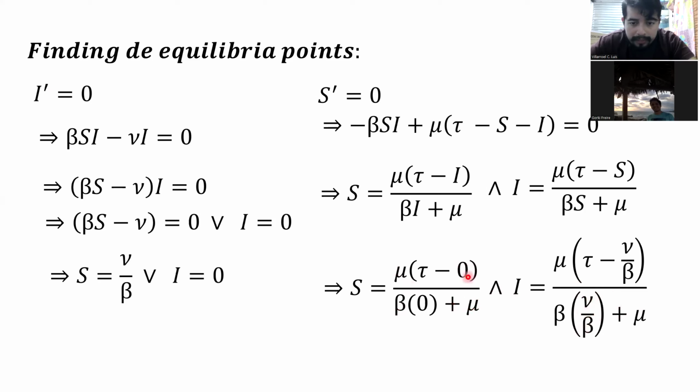So in the first equation, we have that beta times 0 is going to be 0, and in summary we have mu times tau over mu, and this is equal to tau.